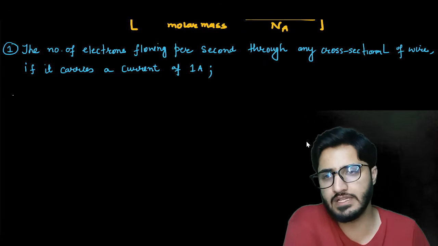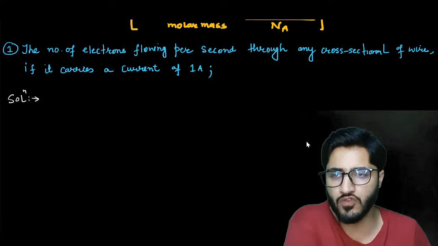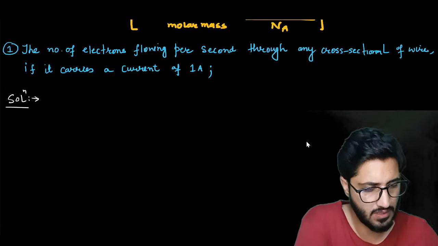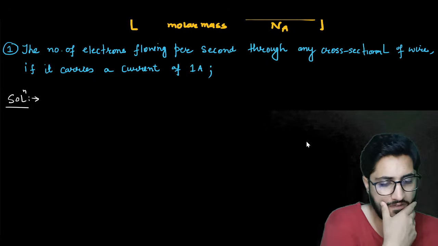How to deal with these sort of numericals? What do we need to find out? What basically do we need to find?